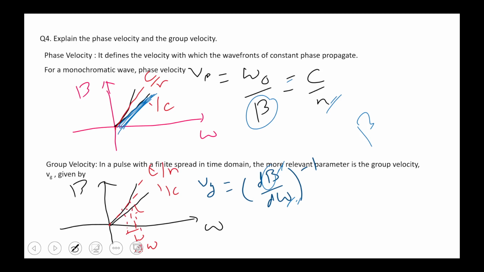Yes sir. Sir, is it for monochromatic only or any other? This is for a monochromatic wave only. Phase velocity we can count for monochromatic, because we take only the phase of one laser wavelength of light.